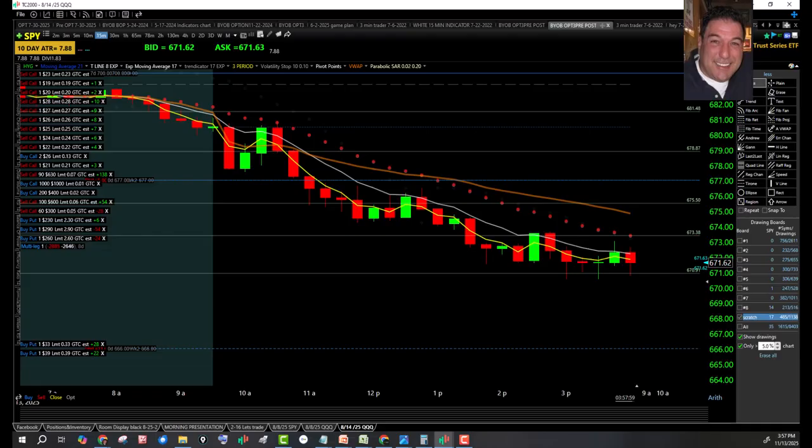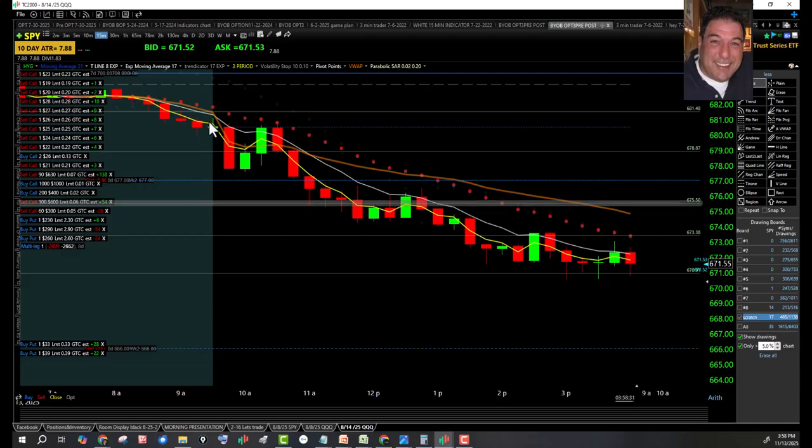All right, so for today, 15-minute downtrend the whole day. Look at the candlesticks riding the yellow line, which is the 3 EMA, hovering below the 8 EMA, the white line, and all three of them hovering below the 17 EMA, which is all those red dots right there.